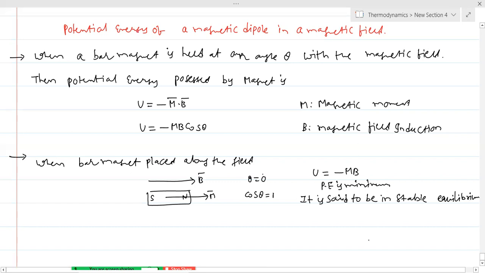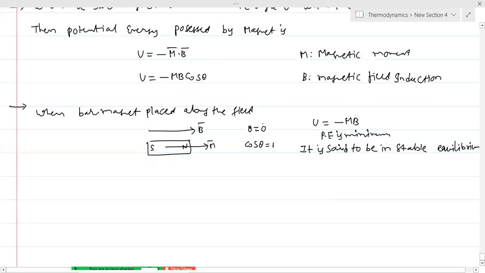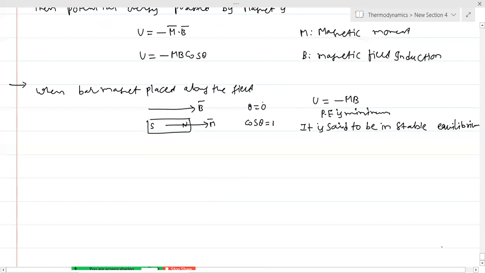The system is stable. సో ఇలా మనం తీసుకుంటాం. అందుకే అంటారు కదా పొటెన్షియల్ ఎనర్జీ తక్కువ ఉంటాయి అంటే ఫుట్బాల్ ఎప్పుడు గట్టలేదు.